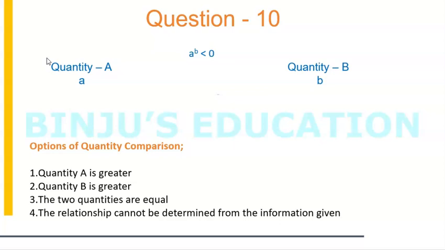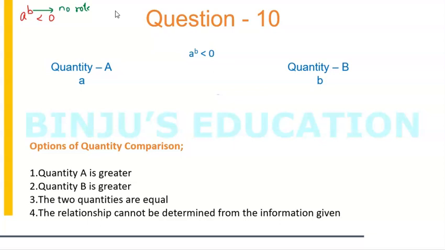All right, so we have a to the power b is less than 0. Now, if an exponential expression is negative, we need to understand one thing here, that power plays no role in making an expression negative.